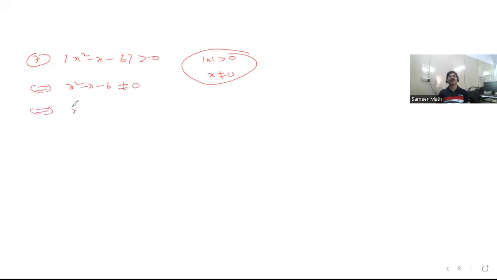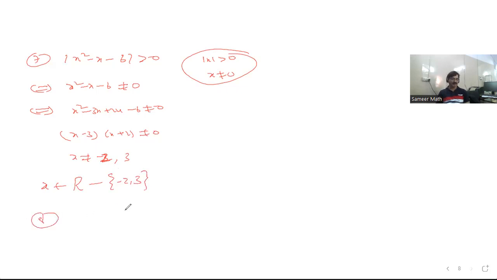So x square minus 3x plus 2x minus 6 is not equal to 0, so (x minus 3)(x plus 2) is not equal to 0. x is not equal to minus 2 and 3. So your answer is x belongs to all real numbers except these two, minus 2 and 3. We have to write it now.